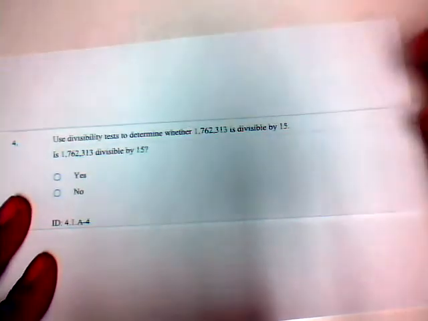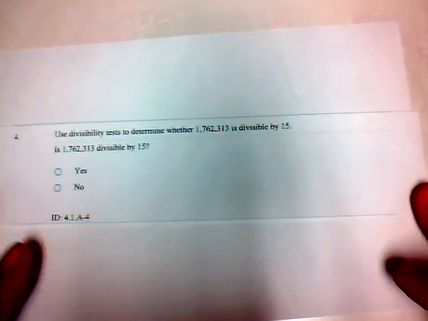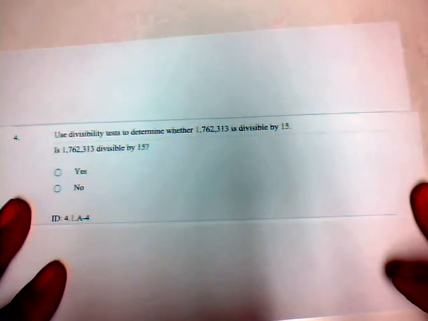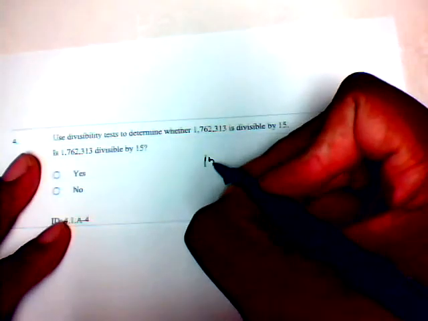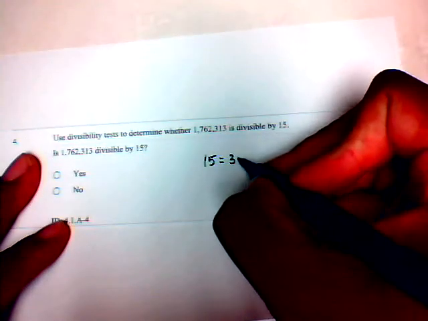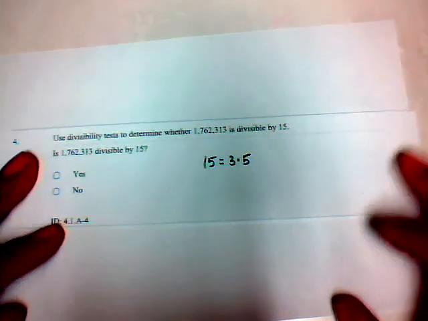Okay, here's some more divisibility test questions. Like this one, number 4. You want to use a divisibility test to determine whether 1,762,313 is divisible by 15.